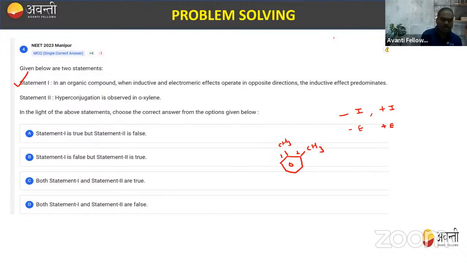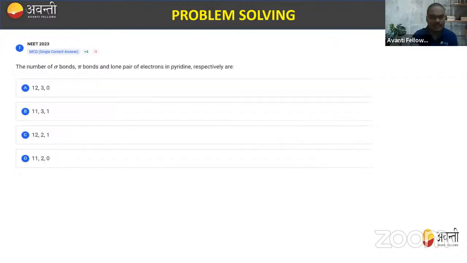This is also known as ortho-xylene. Obviously hyperconjugation is observed in ortho-xylene because it consists of alpha hydrogens. So this statement is absolutely correct. Which option is correct, beta? Statement one is false, but statement two is true. This is the correct one.